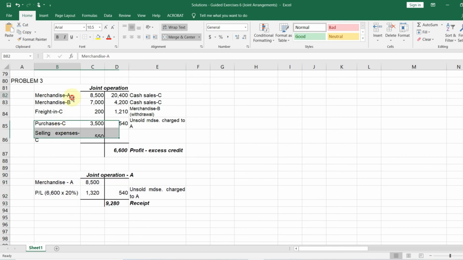Kagaya ng ginawa natin, hinugot lang natin yung related kay A. Pag ginawa natin yung joint operation sa books ni B, huhugutin mo lang yung kay B. Okay, this one. Kung KC, marami kang huhugutin. Okay? And then, wag mong kakalimutan yung share sa P&L ng mga partner, ng mga operators. Okay? So, ganun lang. I hope you understand this lesson.